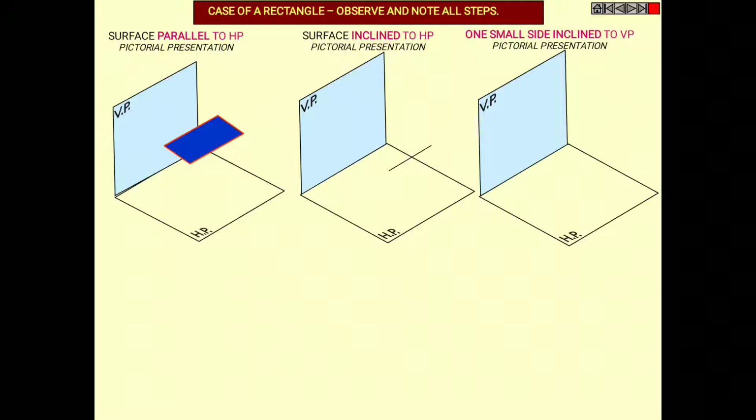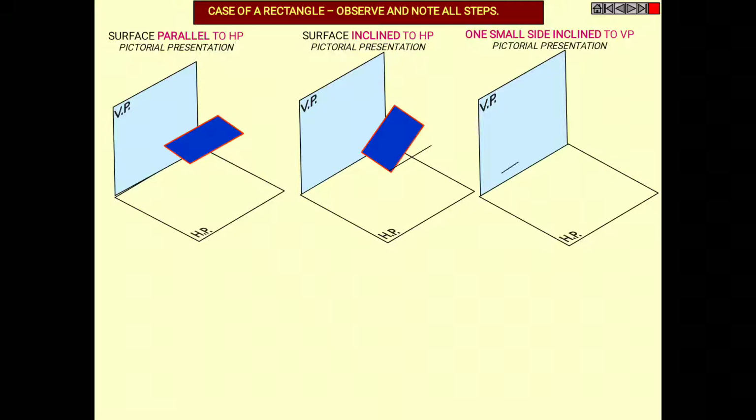How is the surface inclined to HP? The inclination angle is given in the problem, so regarding that inclination you need to incline it to HP. It is not inclined to VP, it is inclined to HP. It is not parallel to HP, it is slightly inclined to your HP, and it is perpendicular to your VP.